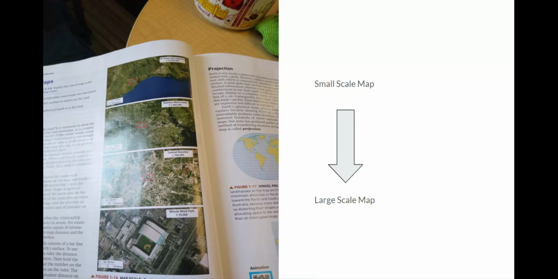So this picture comes from your textbook on page 10, and there's lots of handy stuff from page 10 as it relates to scale. But what you'll notice is that the more you zoom into an area, so actually the smaller an area of Earth is being shown, the larger the scale is.